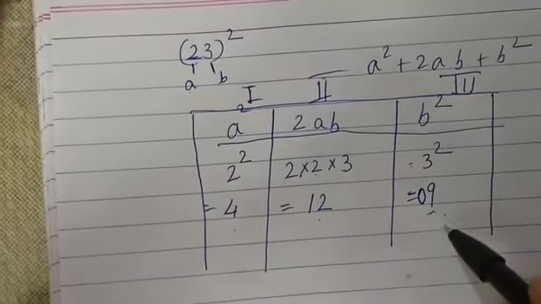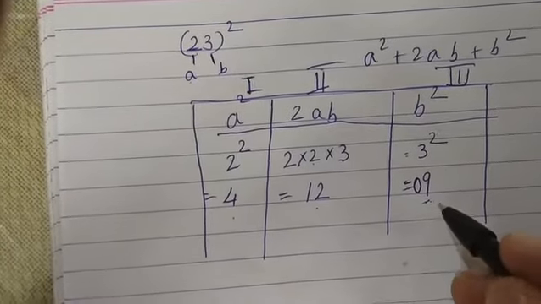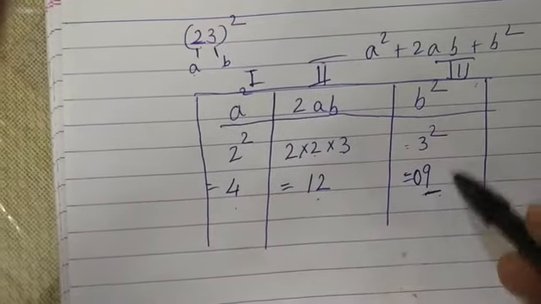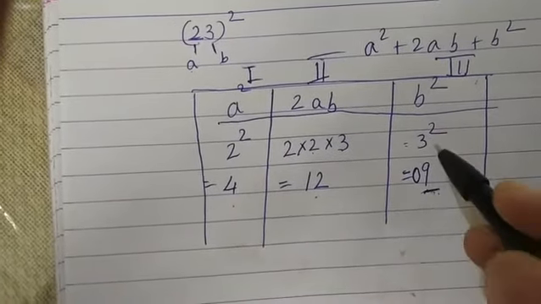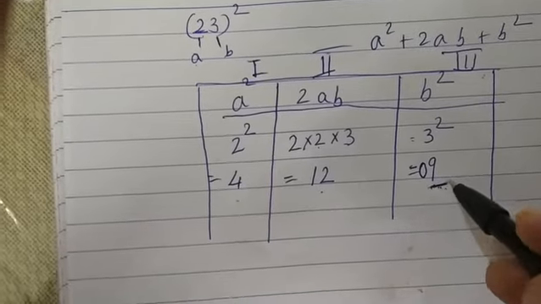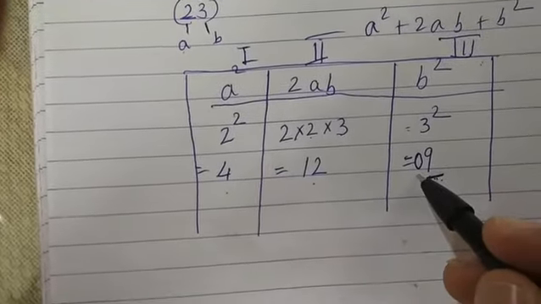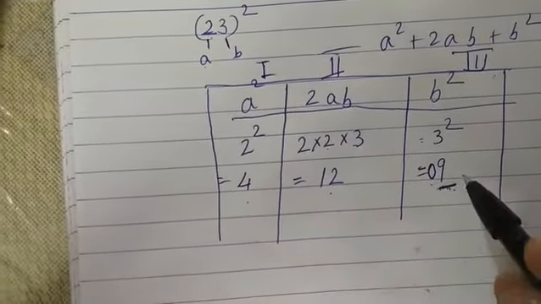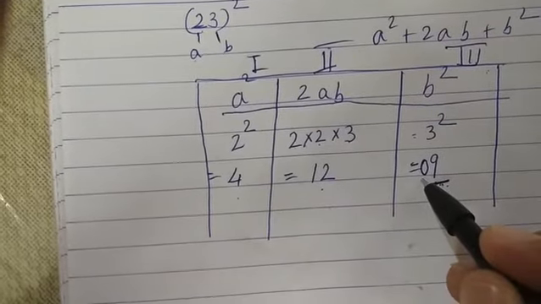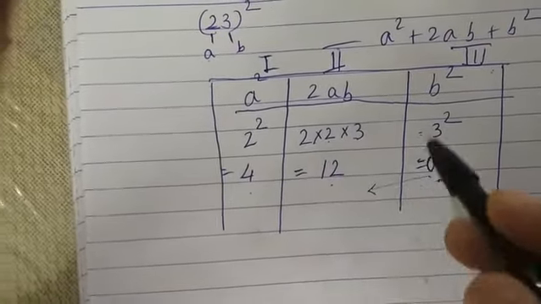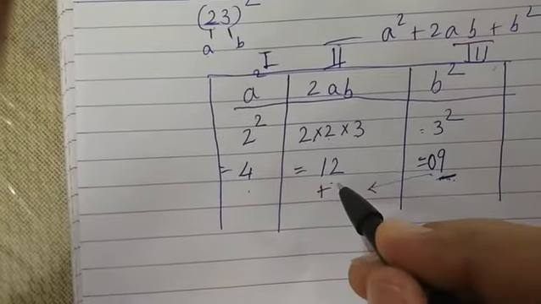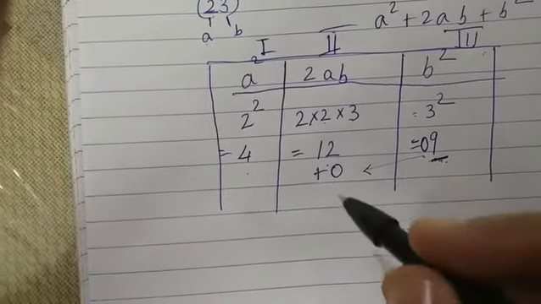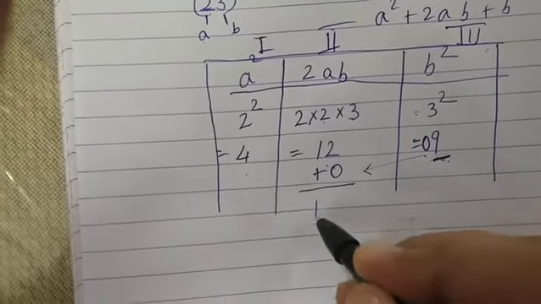Now first we have to underline the unit digit, starting from column 3. Whatever is the result, underline the unit digit, and the tens place you have to carry to the second column. So what is there in the tens place? 0. So 0 we will carry to the second column, plus 0. Now 12 plus 0 means 12 only.